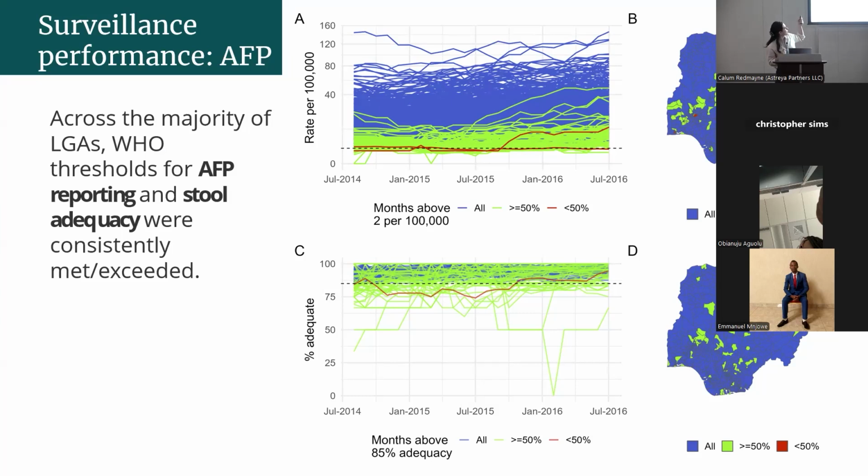So at the top, we've got the overall notification rate of AFP cases, which according to the WHO targets for sufficiently sensitive surveillance should be above 2 per 100,000. And on the bottom, the proportion of those notified cases who have adequate stool sample collected for analysis.